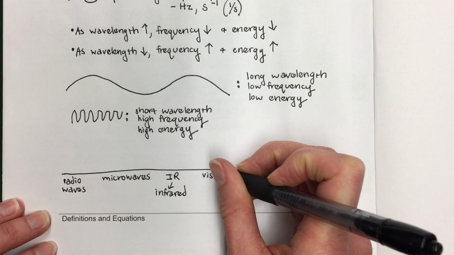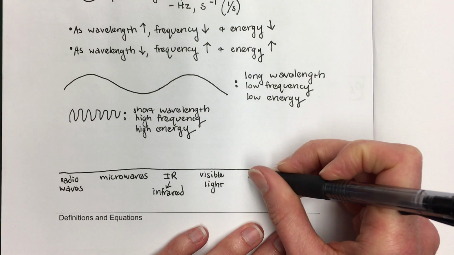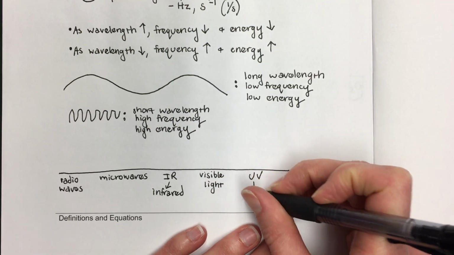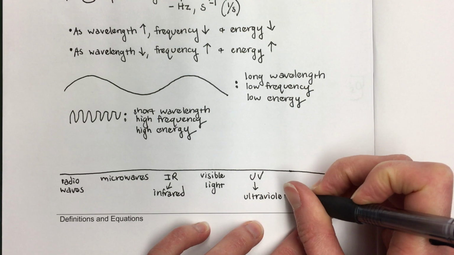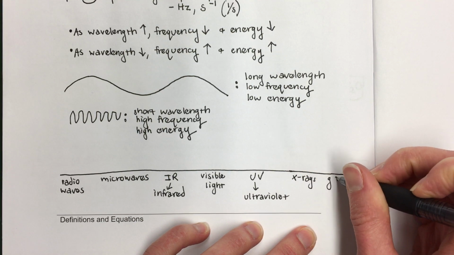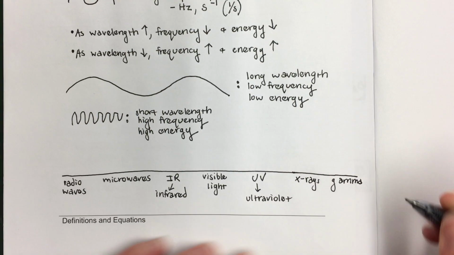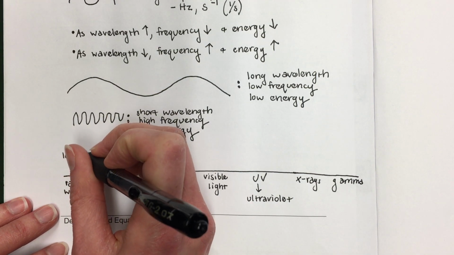We have visible light right here. UV stands for ultraviolet radiation, and then we have X-rays and gamma rays. So radio waves are low frequency.